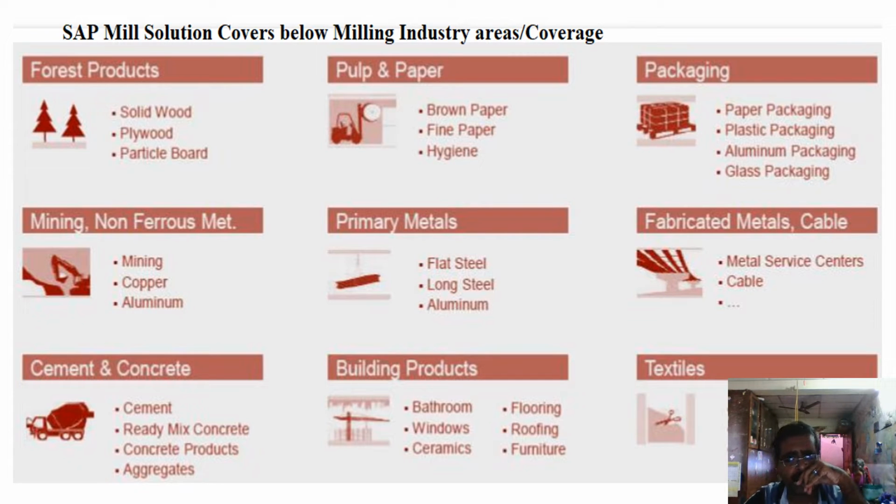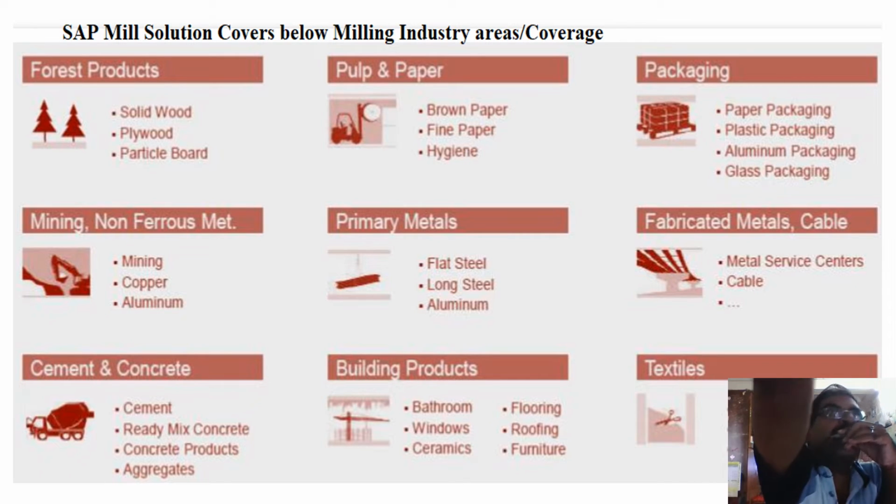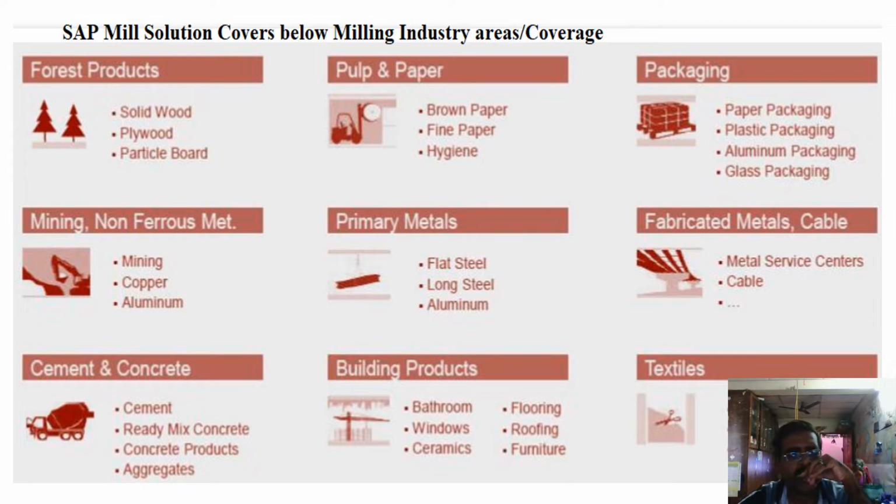And then in the packaging industry, we have paper packaging, plastic packaging, aluminum packaging, glass packaging, everything. And then we have mining and non-ferrous metal. In that mining, copper, aluminum are covered under the mill industry scope. So these are to be covered in SAP S/4HANA mill solutions, right?